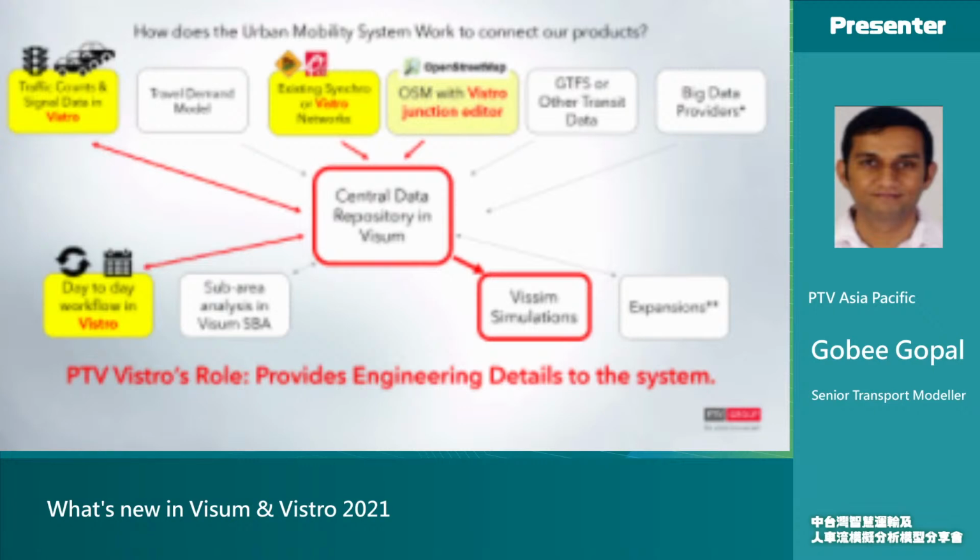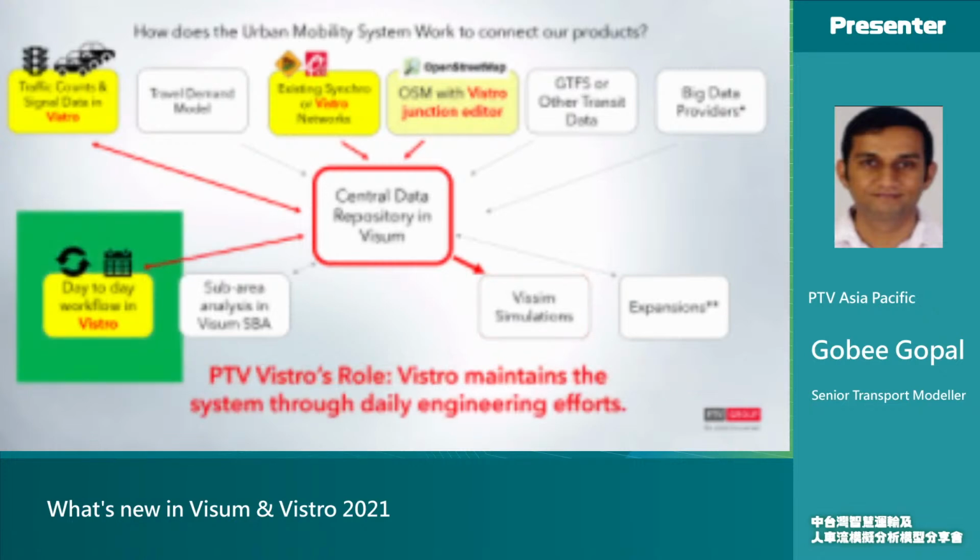The day-to-day workflow in Bistro can be imported and exported between Visum and Bistro. So here the PTV Bistro role is to provide engineering detail to the system, and maintain the system through daily engineering efforts.